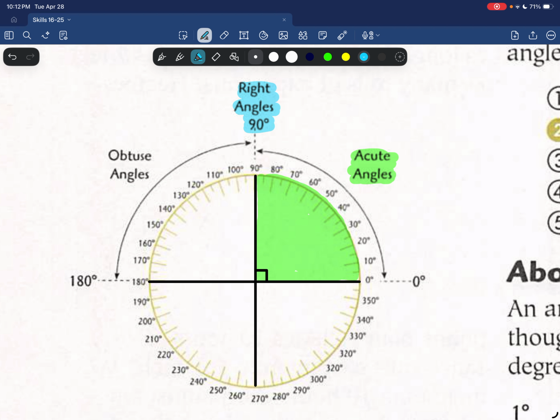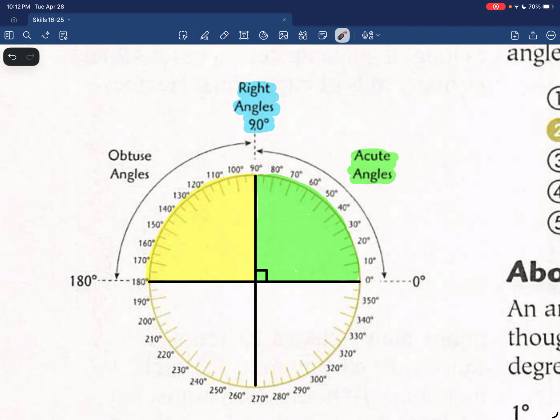If you get over here into this sector, between 90 and 180, these are obtuse angles. They're large angles. They look like a reclining chair. Here's an example. Let's do 140 degrees.